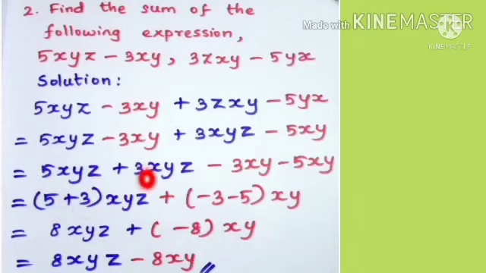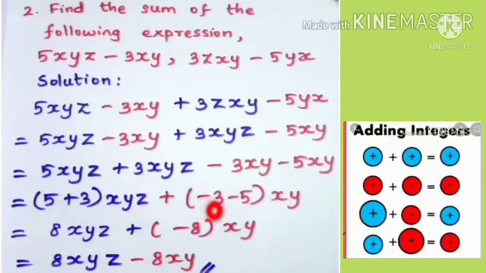So that is 5 plus 3 xyz, plus the coefficient of minus 3xy, which is minus 3, and minus 5, the coefficient of minus 5xy. So minus 3 minus 5 xy. In the next step, 5 plus 3 is 8xyz, and minus 3 minus 5 becomes minus 8, because when we add two integers of the same sign, the sum will also be an integer of the same sign.